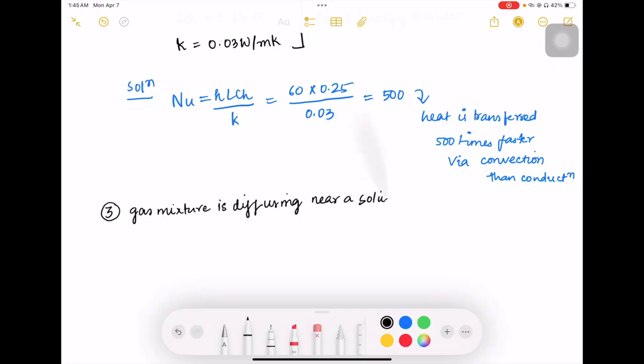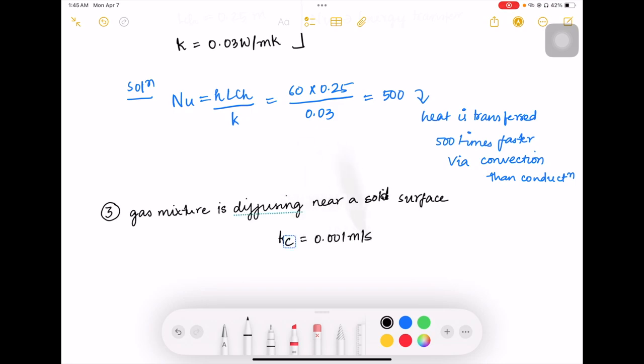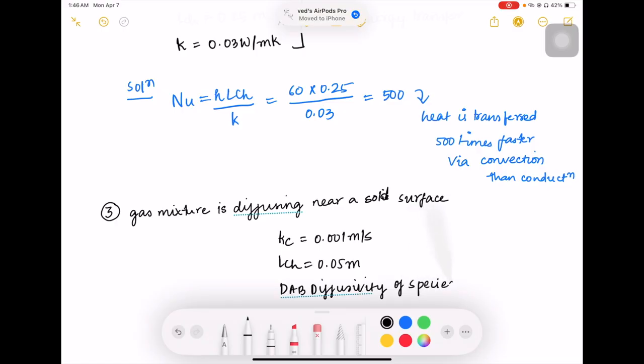The following parameters are given: mass transfer coefficient Kc as 0.001 meter per second, LCH as 0.05 meter, and DAB, that is diffusivity of species A in B, right?